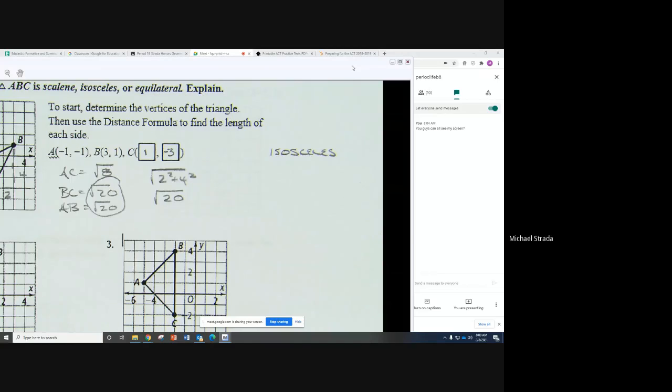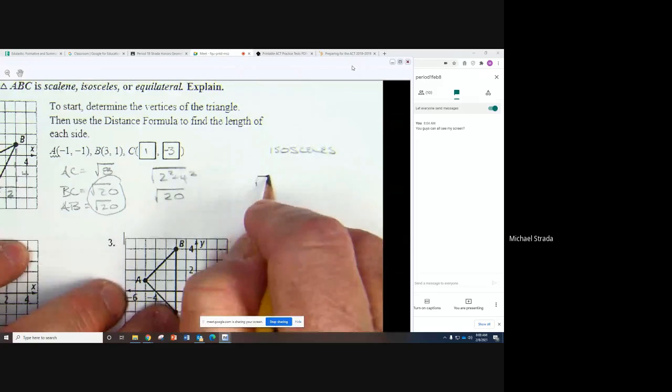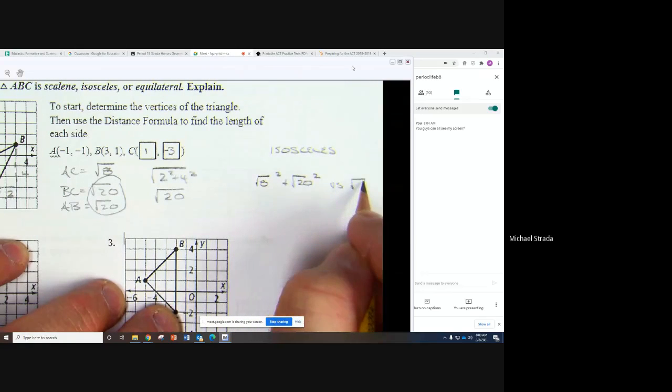To do that, we're going to use the converse of the Pythagorean theorem. So we are going to do the square root of 8 squared plus the square root of 20 squared versus the square root of 20 squared.